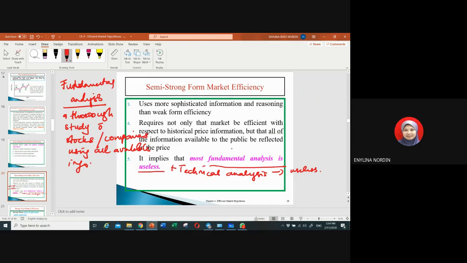The study shows that investors cannot beat the market, in order to make extraordinary profit, by using fundamental analysis plus technical analysis.